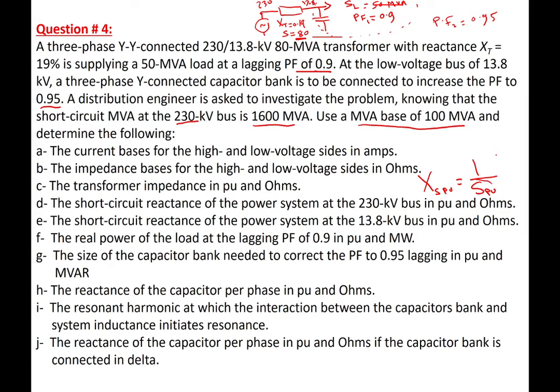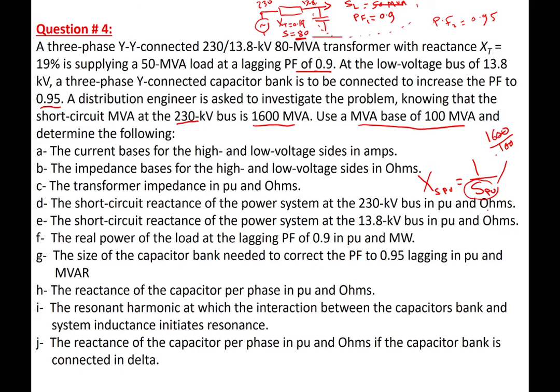So 1600 divided by S base, 1600 divided by S base of 100, so that will be 16. So then X_S per unit will be 1 over 16.